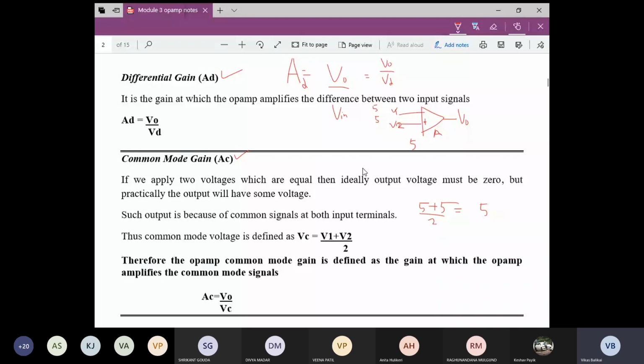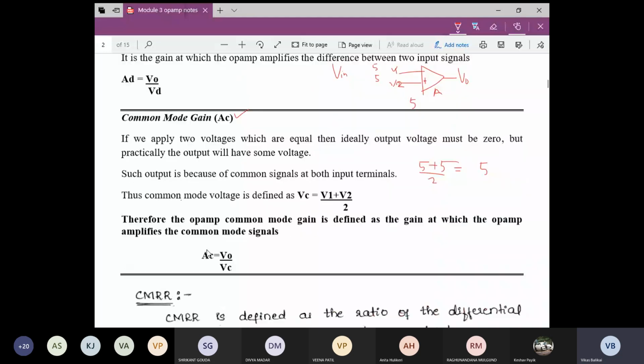This is what is basically your common mode gain. The op-amp common mode gain is defined as the gain at which the op-amp amplifies the common mode signal, and it is represented by AC is equal to V naught by VC, and the differential gain is represented by AD is equal to V naught by VD. So these are the two major gain parameters that we come across in op-amps.